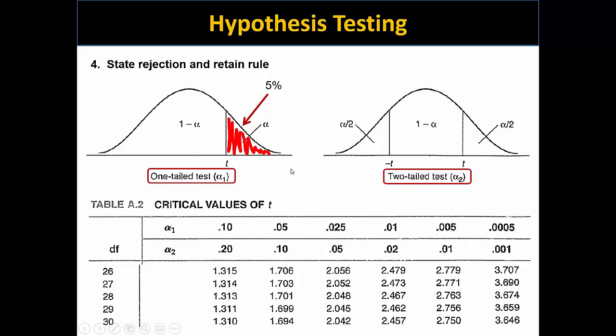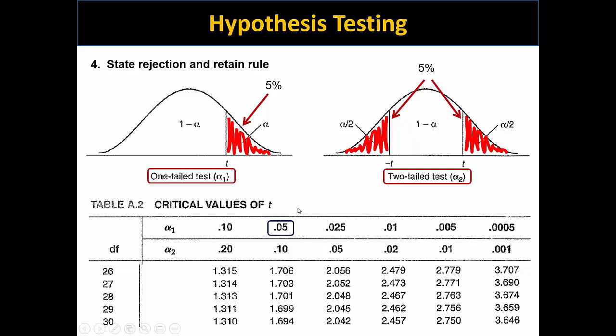This is different than the two-tailed approach, where we don't know if the responses provided by the participants are going to be greater than the test value or less than the test value. So we keep an open mind to that possibility, and we spread the 5% to the lower tail and to the upper tail. And so this represents 2.5% of the entire population represented by the sample, and 95% is captured between the negative t and the positive t.